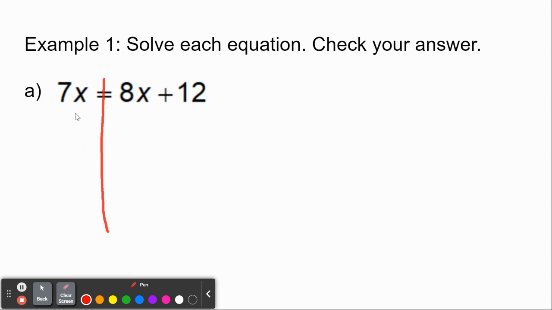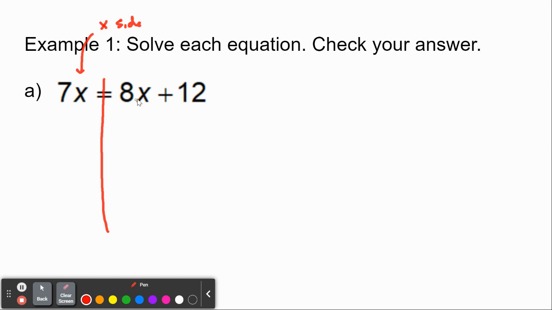We're either going to move the 7x or we're going to move the 8x. Now, in this case, as I said, typically we move the smaller number of x's, so 7 is the smaller number. However, on this left-hand side, there's only one term. Because there's only one term here with the x, this must be the x side.